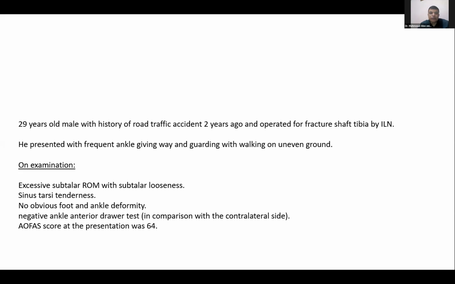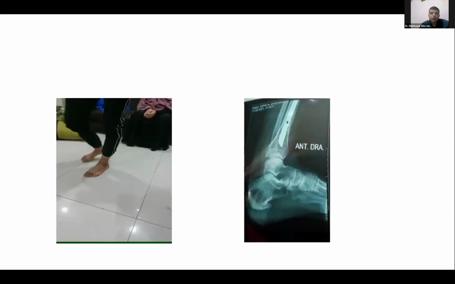On examination, there was an excessive subtalar range of motion with subtalar looseness and sinus tarsi tenderness, with no obvious foot and ankle deformity, and a negative ankle anterior drawer. The American Orthopaedic Foot and Ankle Society score at presentation was 64. We can see this patient.